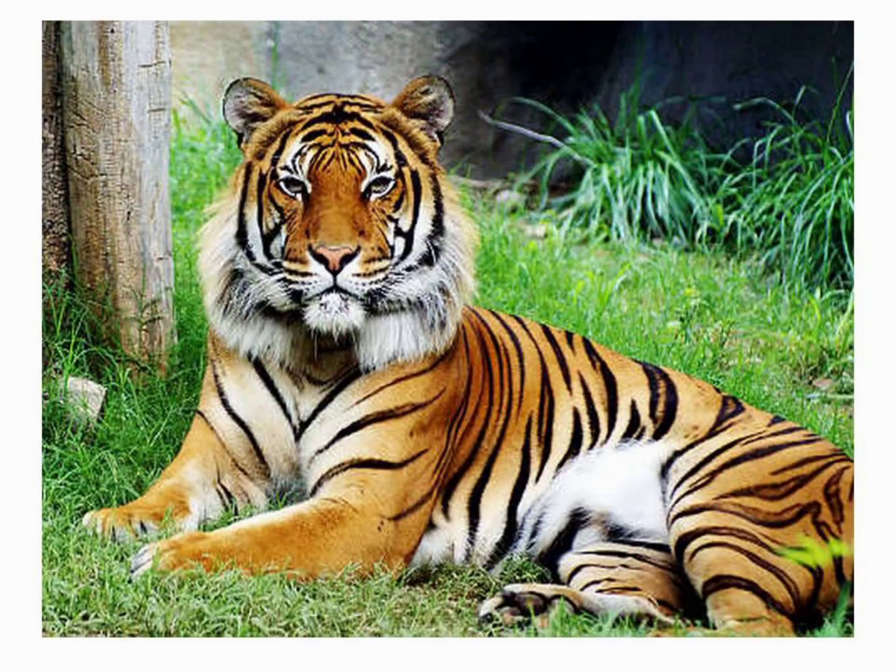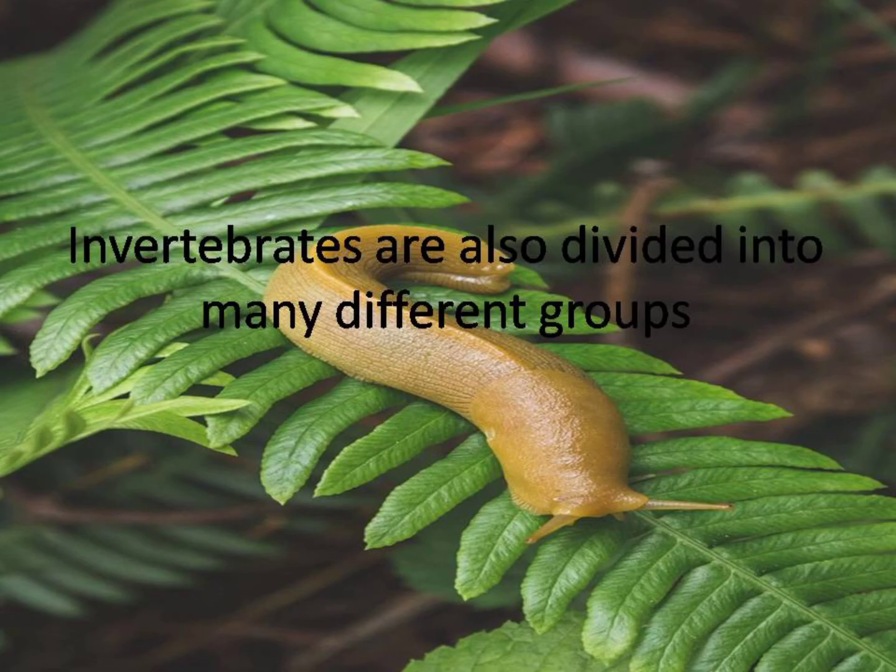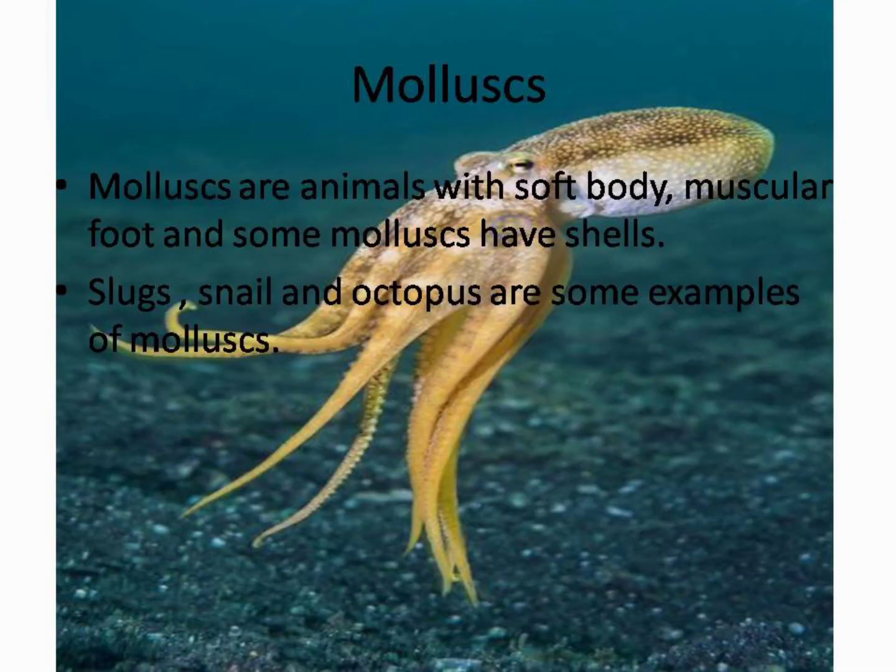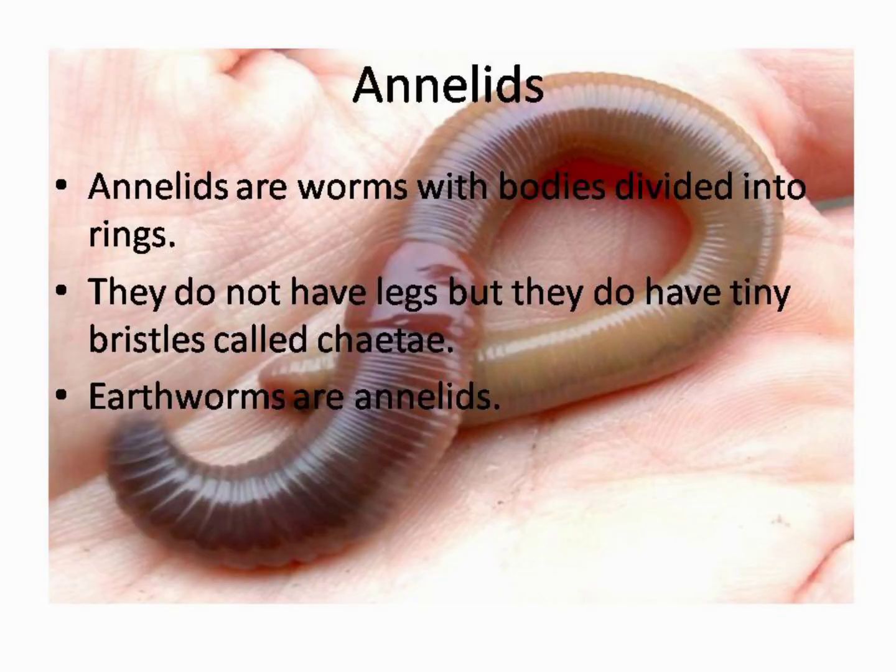Just like vertebrates, invertebrates are also divided into many different groups. Mollusks are animals with a soft body and a muscular foot, and some mollusks have shells. Slugs, snails, and octopuses are some examples of mollusks. Annelids are worms with bodies divided up into rings.